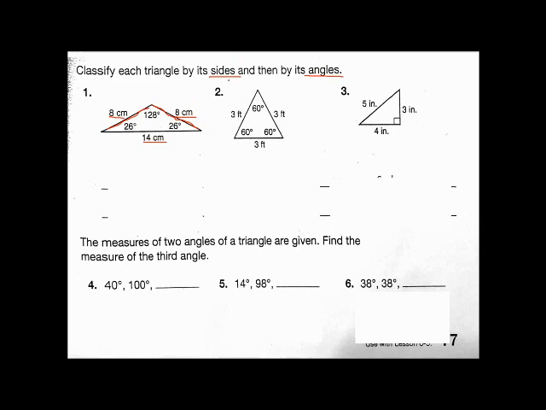Okay, now we have finished the sides. Let's go for the angles. I have here a 128 angle and two other angles that are 26 and 26. Two acute angles and one obtuse angle.